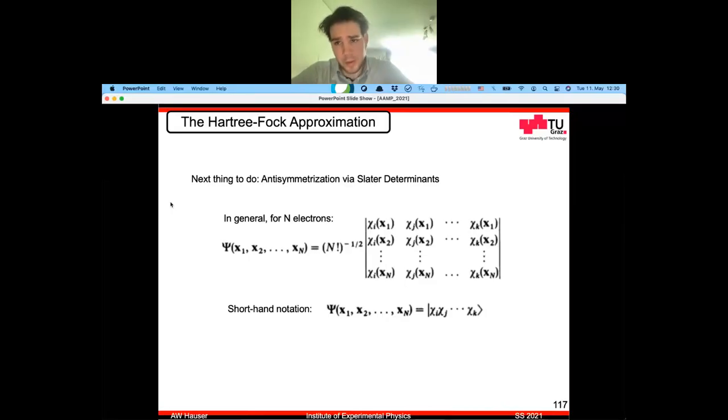Depending on how many electrons you have, it's a long sum of product functions with alternating signs, because this is what you get when you calculate the determinant of this matrix. And to keep things simple, we will fall back on the shorthand notation as it's shown here on this slide. I'm just writing this as a ket vector, and I'm only using the diagonal entries of the matrix to identify the state.